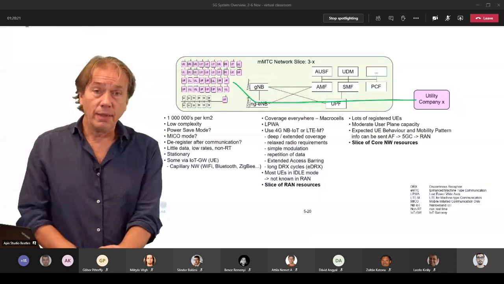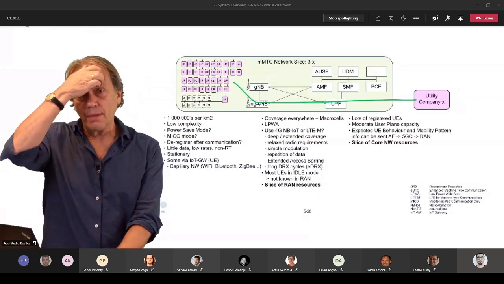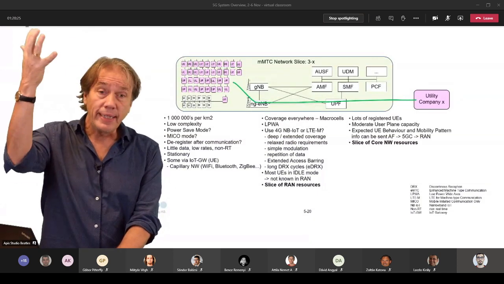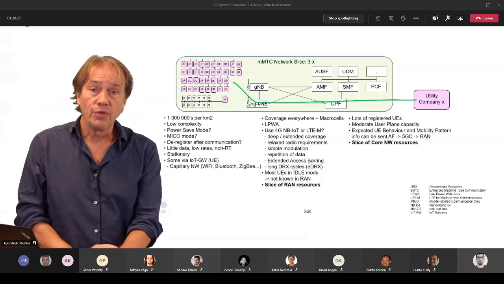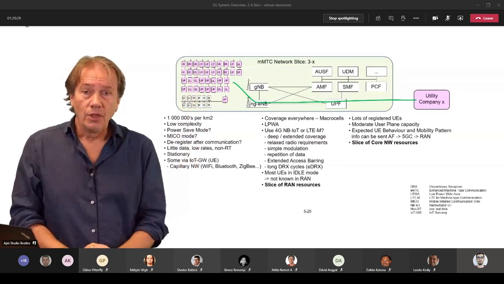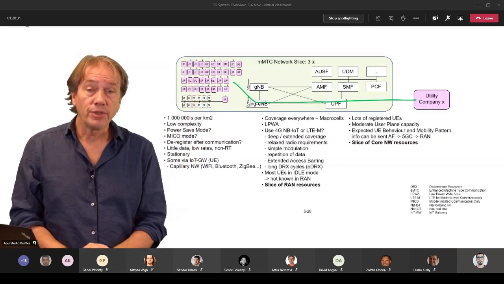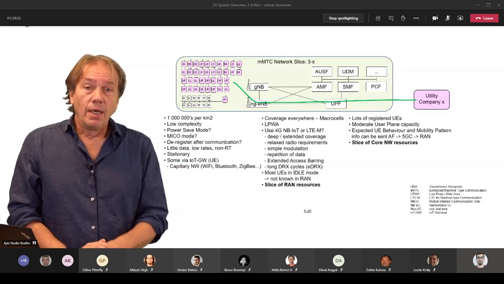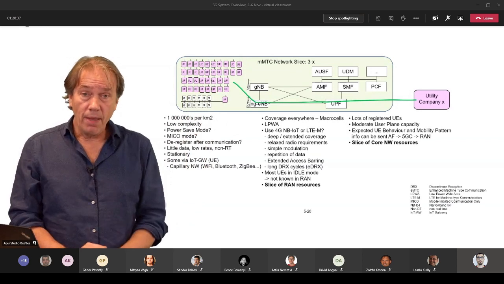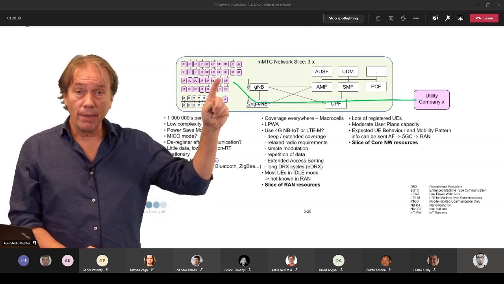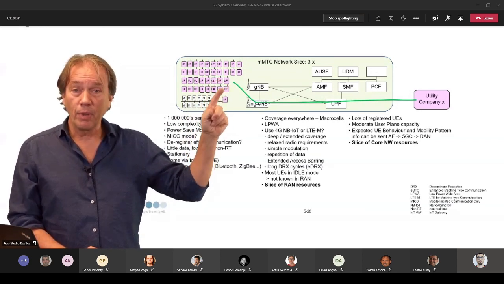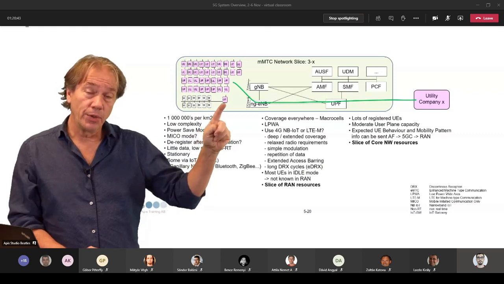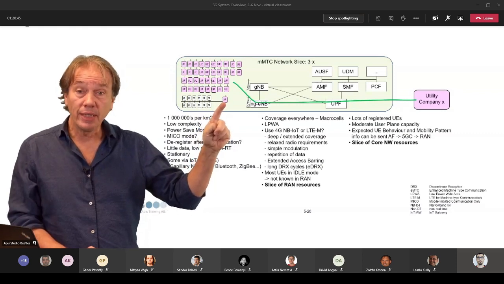All right, this is an idea of a network slice for utility meters, water meters, gas meters, power meters. Many of them, some of them may be directly reporting, some of them are connected to some type of IoT gateway.